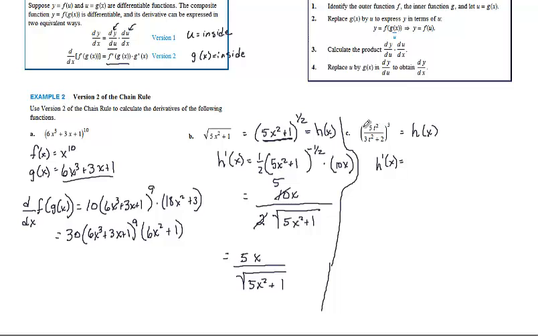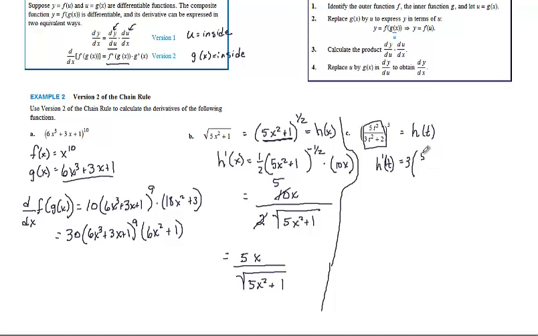This whole whopping thing is my inside function. So this whole thing is my inside function. So I'm going to take the derivative of the outside, leave the inside alone. So that's 3 times, oh, that's with respect to t. Sorry about that, h of t. H prime of t. Hold on, I'll fix it. Okay, that looks better now.